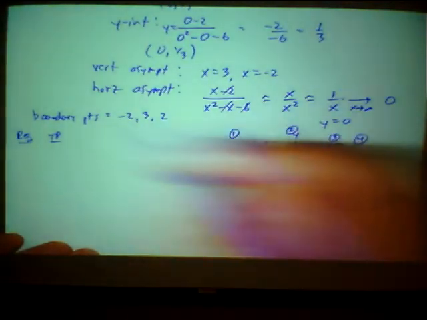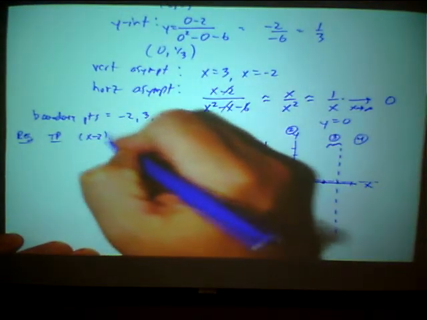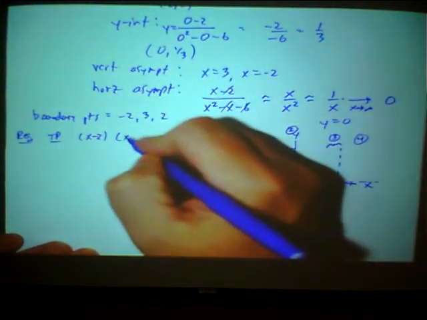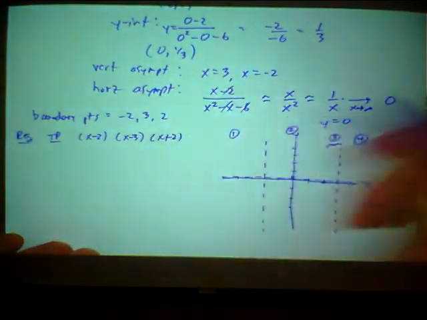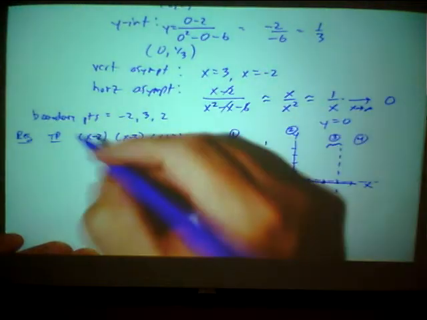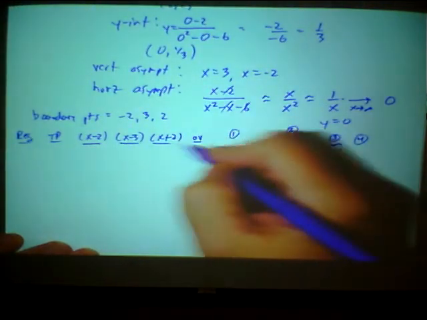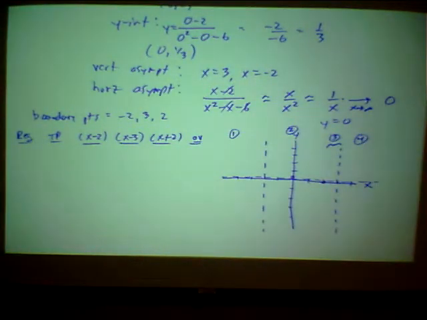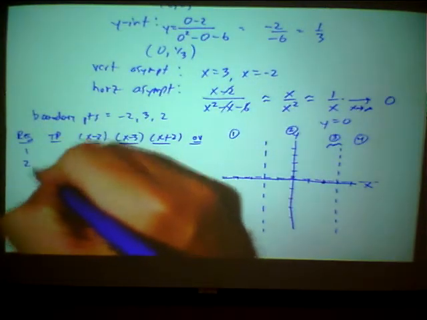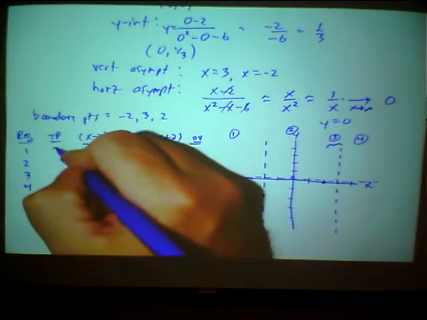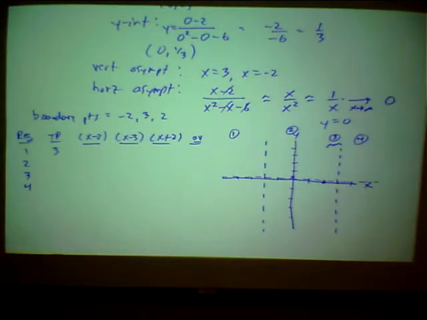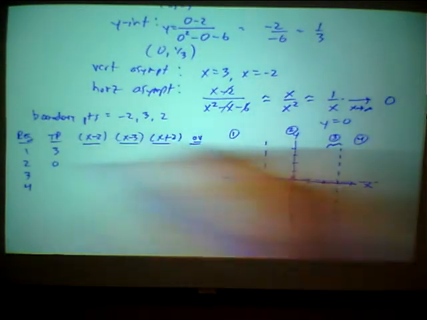When I look at my factors, x minus 2, and then x minus 3, and then x plus 2, and then overall. So region 1, let's choose negative 3. Region 2, we'll choose 0.